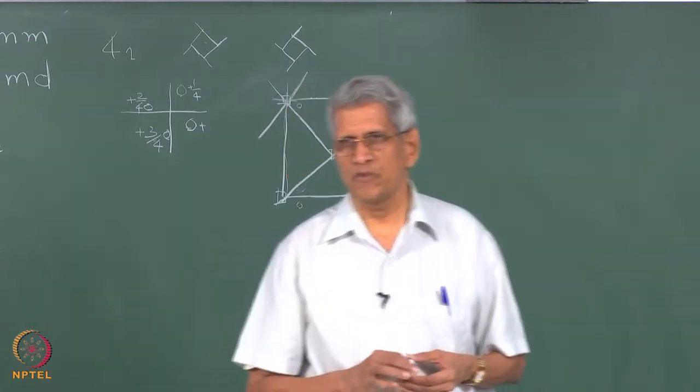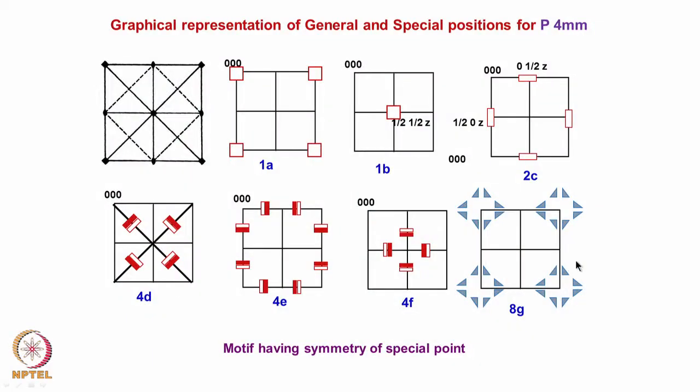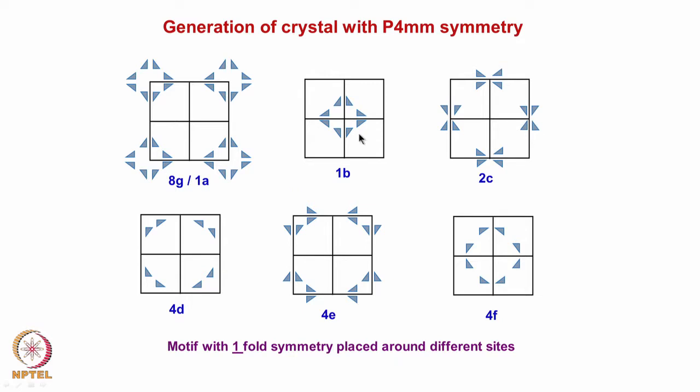That is why 8 positions we have to keep it. Here an asymmetric motif is being taken, and when we keep it around this lattice point, this is how it will look. If I put it around this particular point also, this is how.